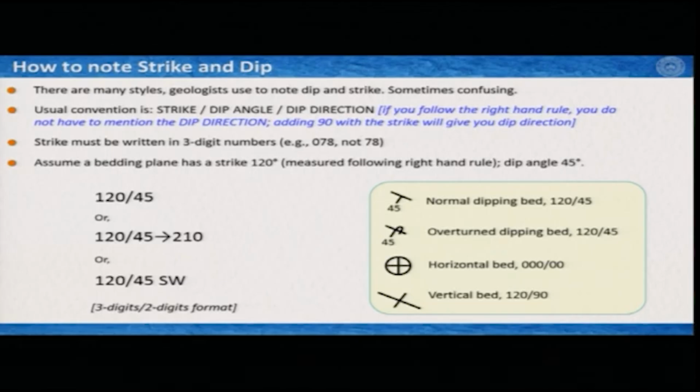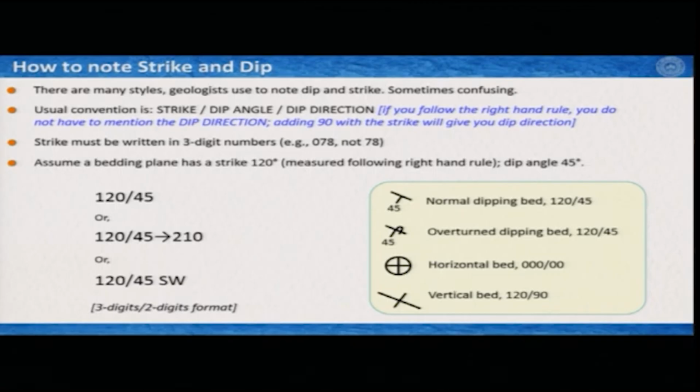The usual convention that people follow: first you write strike, then you write dip angle, and then you write dip direction. But if you follow this right hand rule of measuring strike, then you do not have to mention dip direction. You just have to add 90 degrees to your strike, and then you get your dip direction.